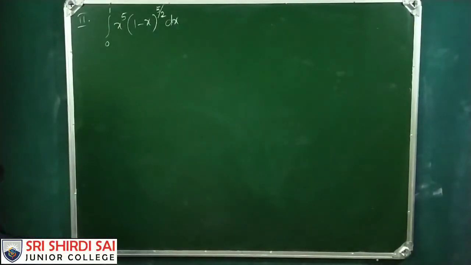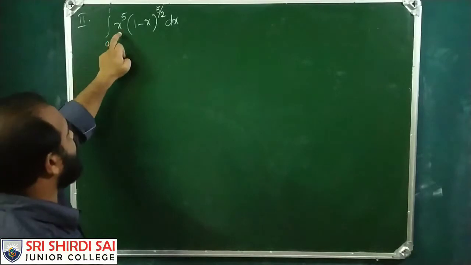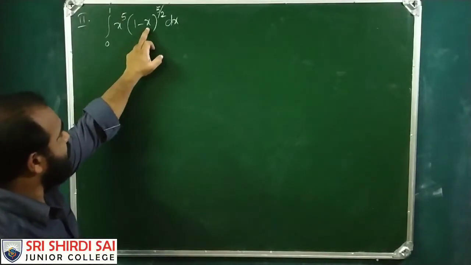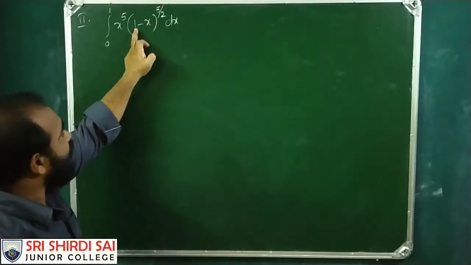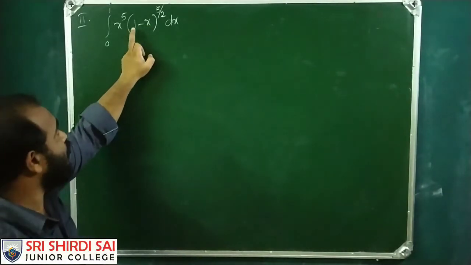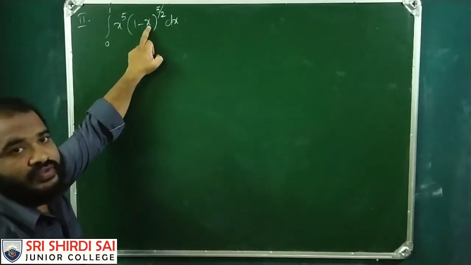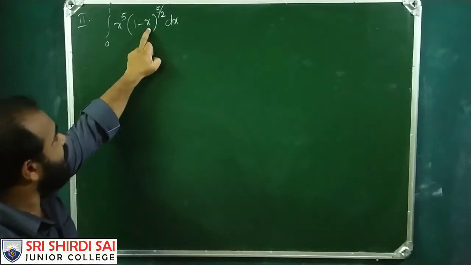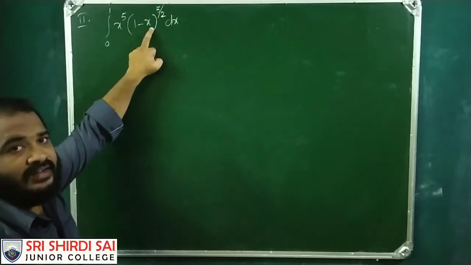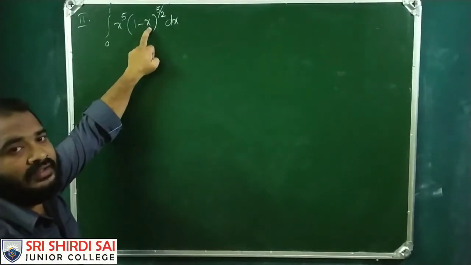So the next question is integral 0 to 1 x power 5 into 1 minus x whole power 5 by 2. Here this is x, so I have to take sine square theta. Simply x equals sine square theta. If 2 minus x is there, 2 sine square theta. If 3 minus x is there, 3 sine square theta.